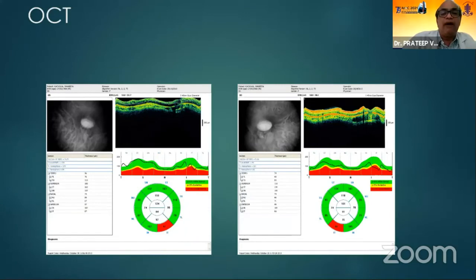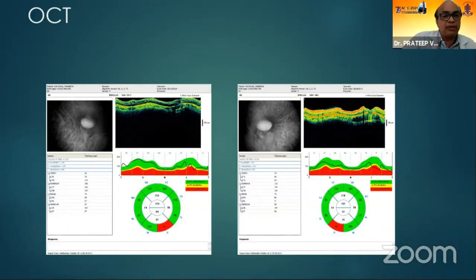Then obviously you have imaging devices, the important tool in your armamentarium, and I did the imaging as well. On the OCT, there is a classical defect in the inferior-temporal area. So that correlates with the disc changes. So obviously the disc is looking abnormal, the visual field is abnormal, and the OCT is also abnormal. So does this patient have a glaucoma?